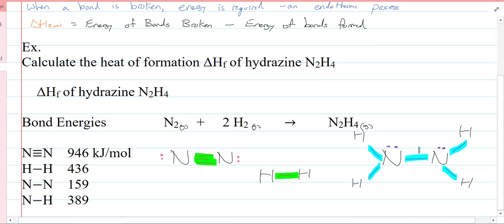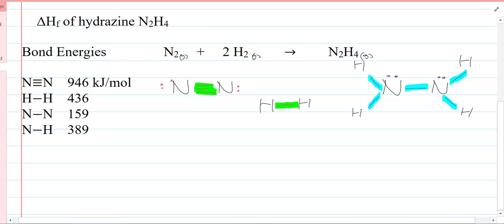I would definitely do that. Delta H of my reaction will equal the energy of bonds broken minus the energy of bonds formed.